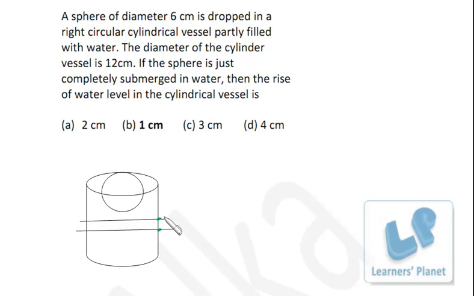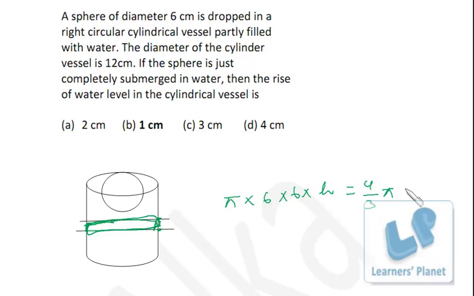Rise up to here. So this particular portion is nothing but the volume of sphere, right? So we can equate that. Now this particular portion is also a cylindrical shape, right? So what is the volume of cylinder? It is pi r square h. So pi into r, which is 6 for the cylinder, so 6 into this height, I suppose this is h, and that is equal to the volume of the sphere, so 4 upon 3 pi r cube.